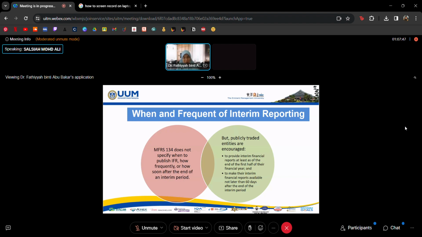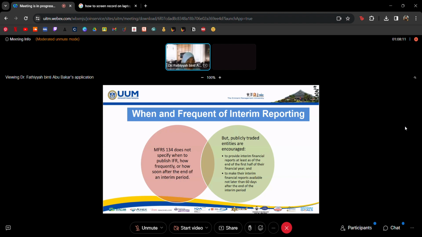So you wonder how frequent or when we want to prepare the interim reporting. MFRS 134 does not specify when to publish. That is the first info. They do not state whether you have to prepare every 3 months or every 6 months.